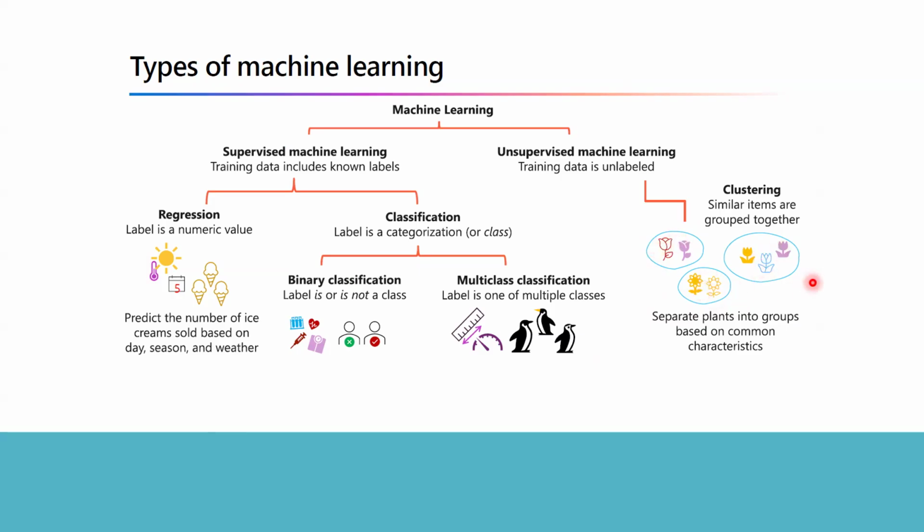So this is called unsupervised. We don't know upfront what is the name of the class or what variety or species of this flower is. We let the machine learning algorithms decide.